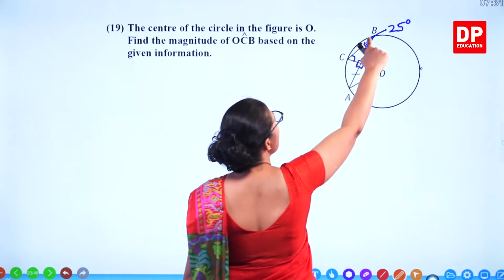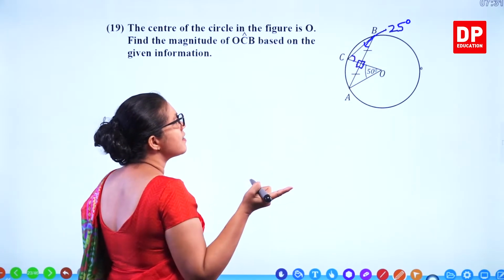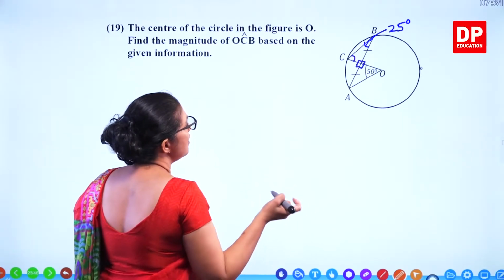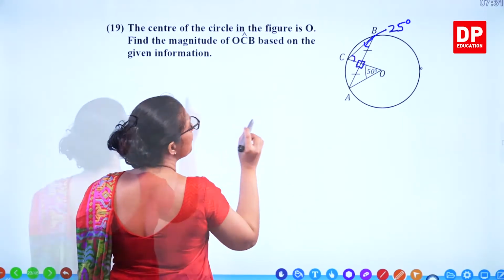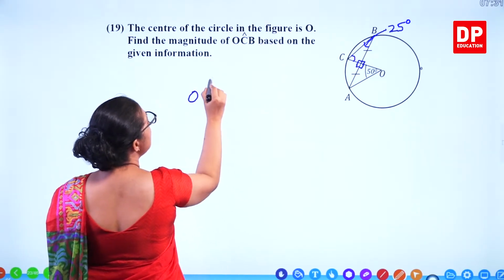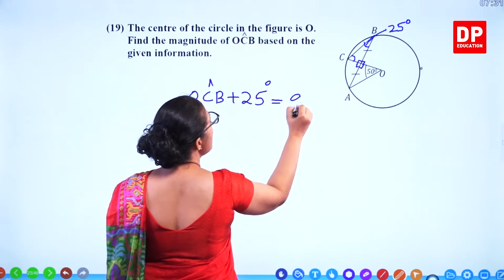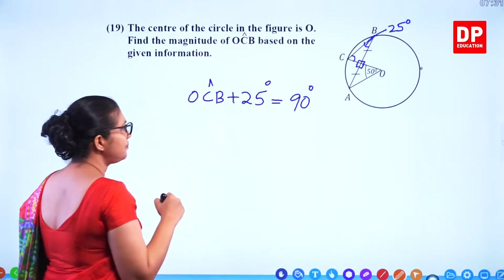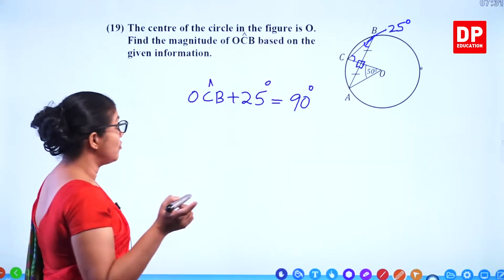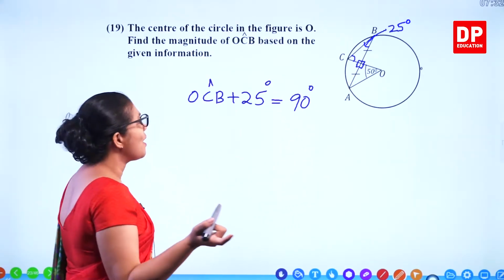Now, what can you say about this and this angle? That's the exterior angle, 90. So you can write OCB angle plus 25 is equal to 90 degrees. So you need to identify this is 90, otherwise you can't do this sum.